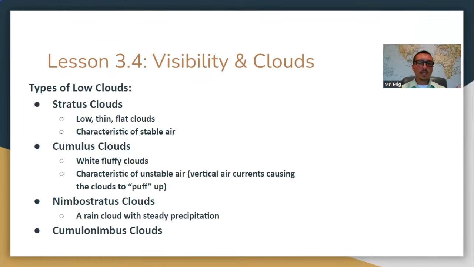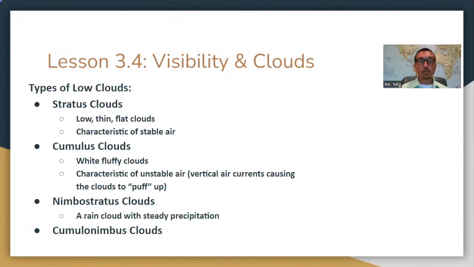The stratus clouds are low, thin, flat clouds characterized by stable air, and that's what you'll want to know about them. Like, what cloud is characterized as being with stable air? The stratus clouds. Cumulus clouds are white fluffy clouds, characteristic of unstable air because they have vertical currents. What's happening during the cumulus stage of a thunderstorm is you get these updrafts, and that's bad because that's going to cause a lot of turbulence.